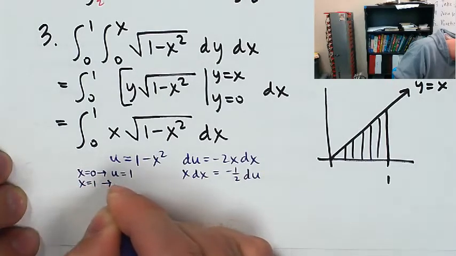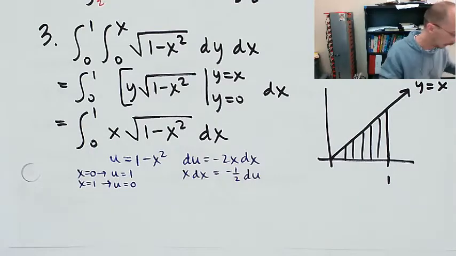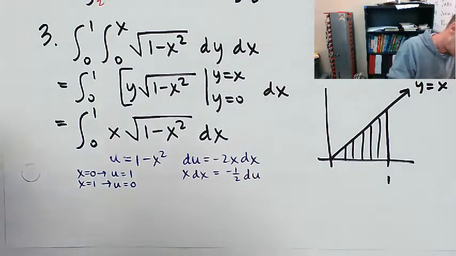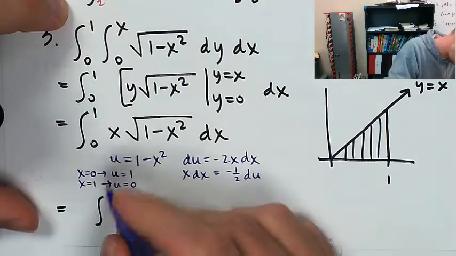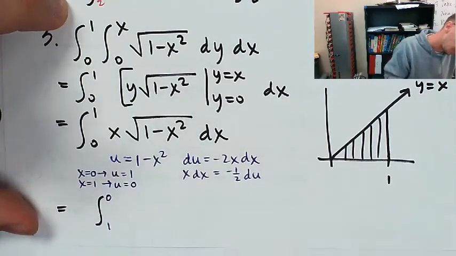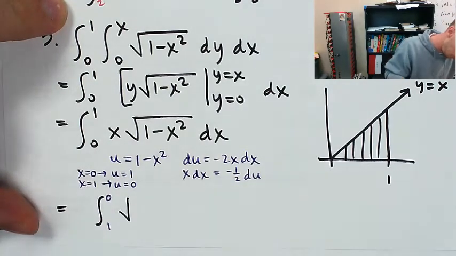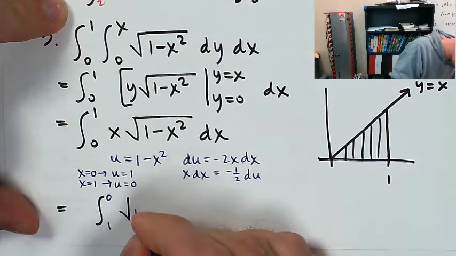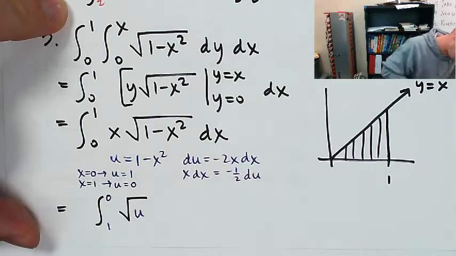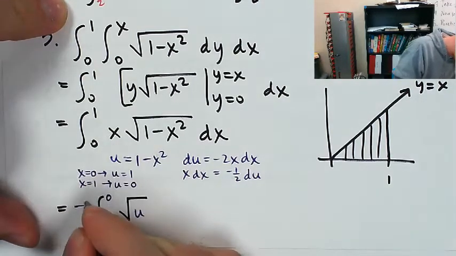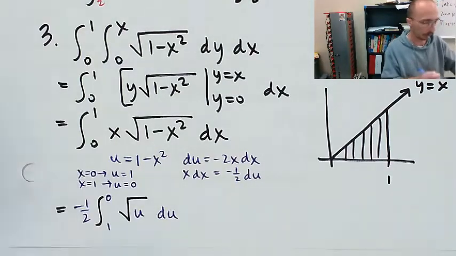And when x equals 1, that gives me u equals 0. So now I am integrating from 1 to 0, I'm going to make that mistake again, of the square root of u. And then x dx was negative half du, so I'm going to put that negative half here and that du there. And now I'm ready to go.